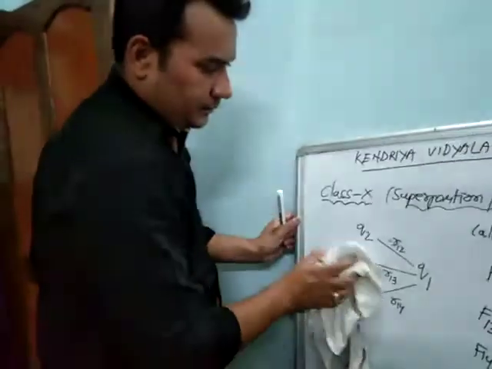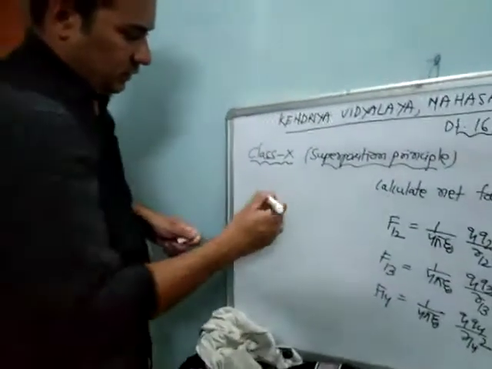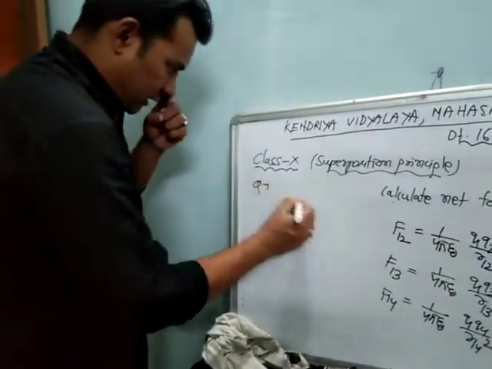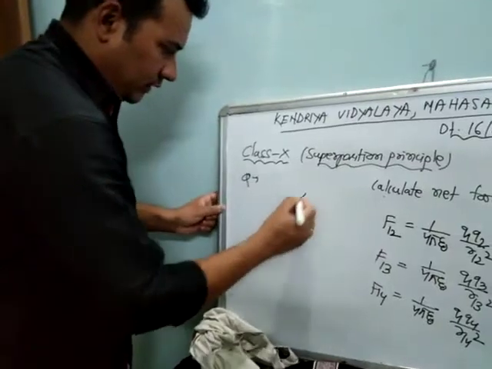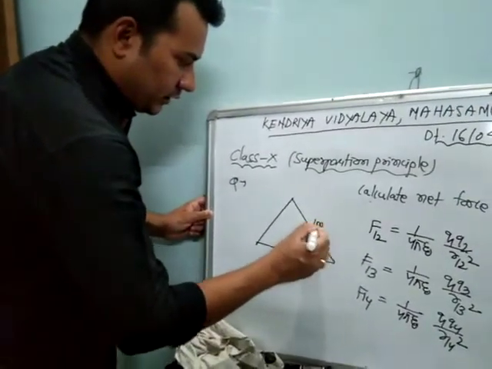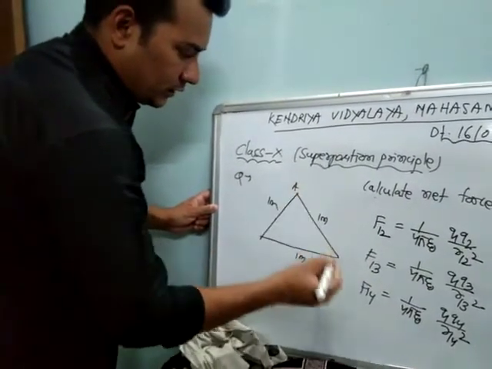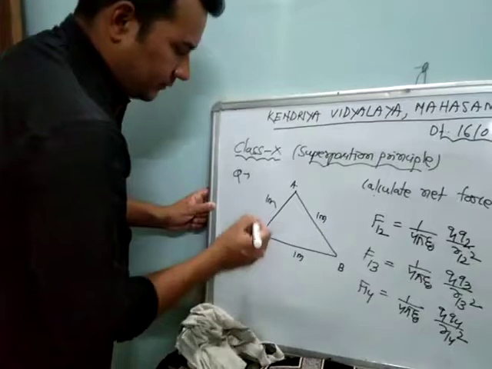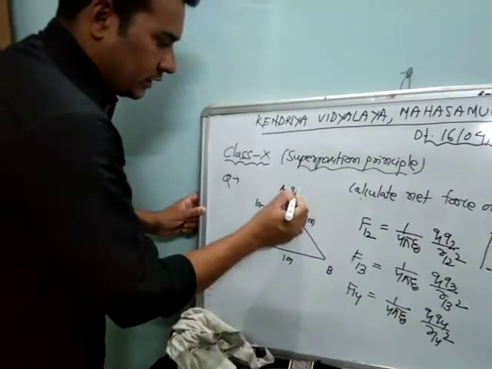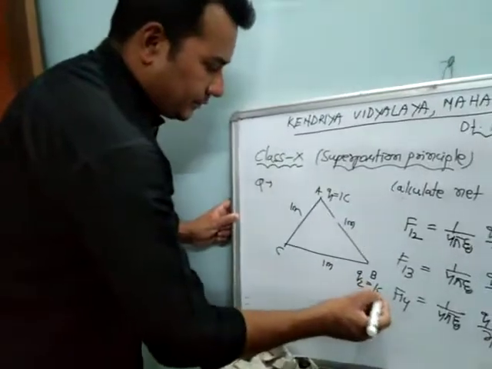Like suppose there is an equilateral triangle. Each side of the triangle is 1 meter. These are the three corners A, B and C. In all the three corners there is 1 coulomb charge, plus 1 coulomb charge each.